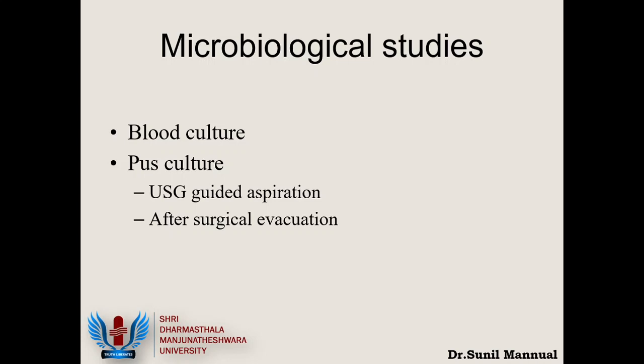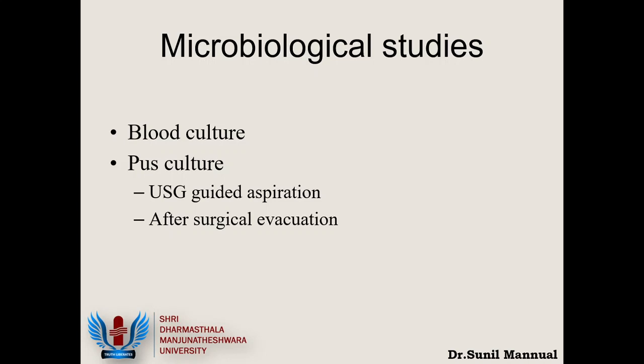Sometimes with the help of the ultrasound, we can even go down to the metaphysis, but to penetrate the cortex, we will need a bone marrow aspiration needle. So that is how pus is basically obtained for the pus culture. Having said that, I would still emphasize that the blood culture is a very readily available and superior modality to pick up the infection.